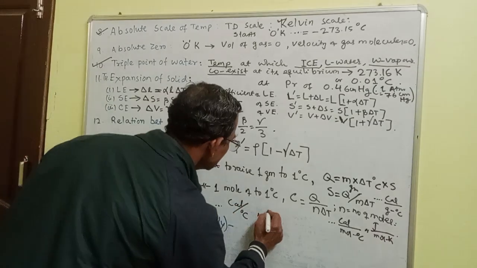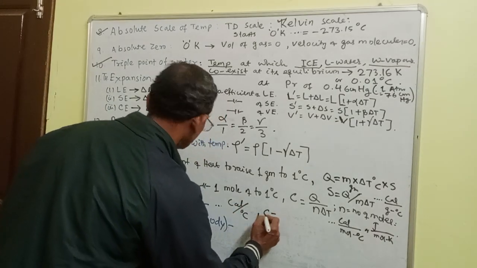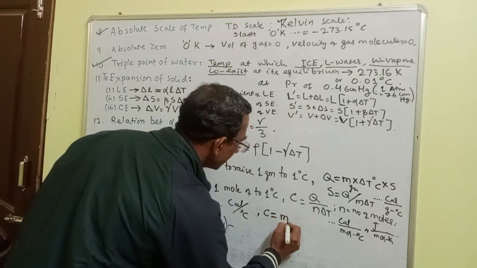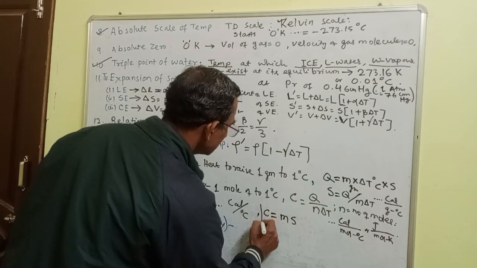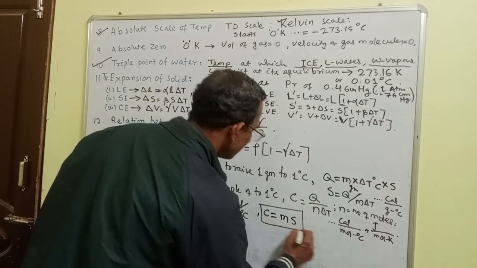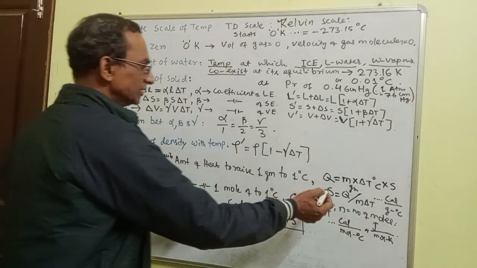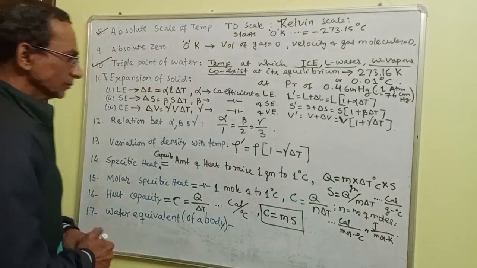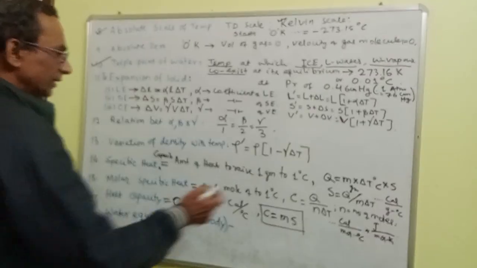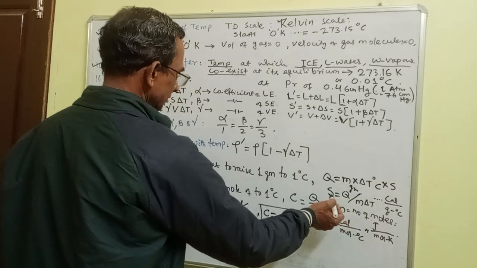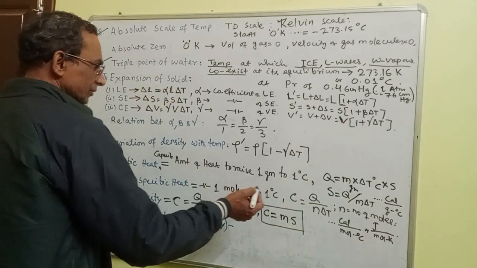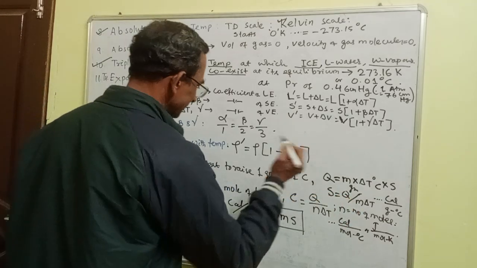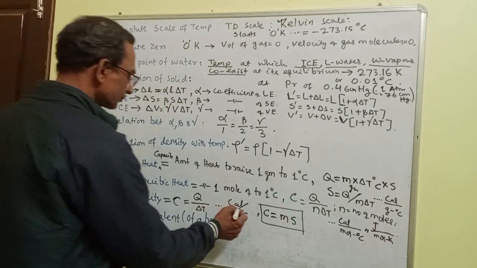That means C is equal to MS. S is Q by M delta T, and Q by delta T becomes C. Or Q by delta T is M times S.